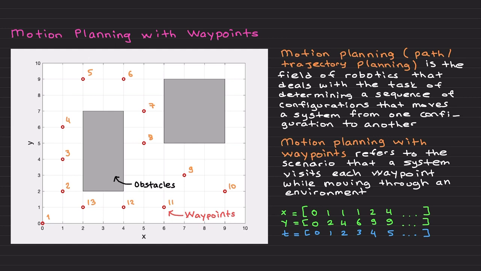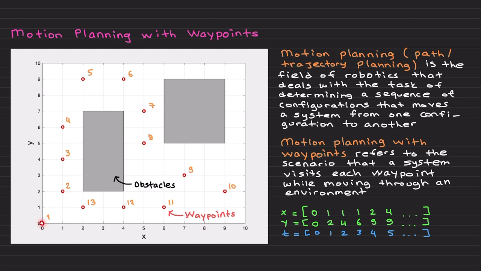And when we specify this motion planning with waypoints, again, we know the environment, and it refers to the scenario that a system visits each waypoint, or on a ballpark, a neighborhood of these waypoints while moving through this known environment.